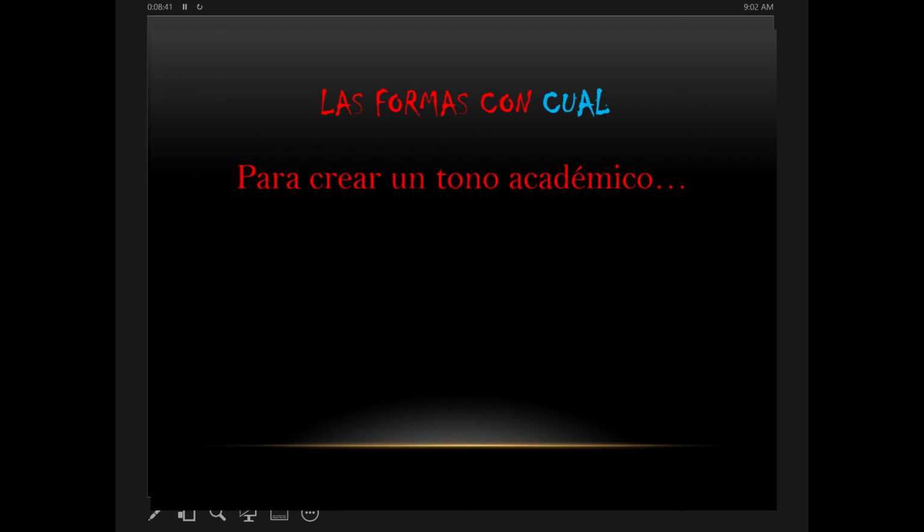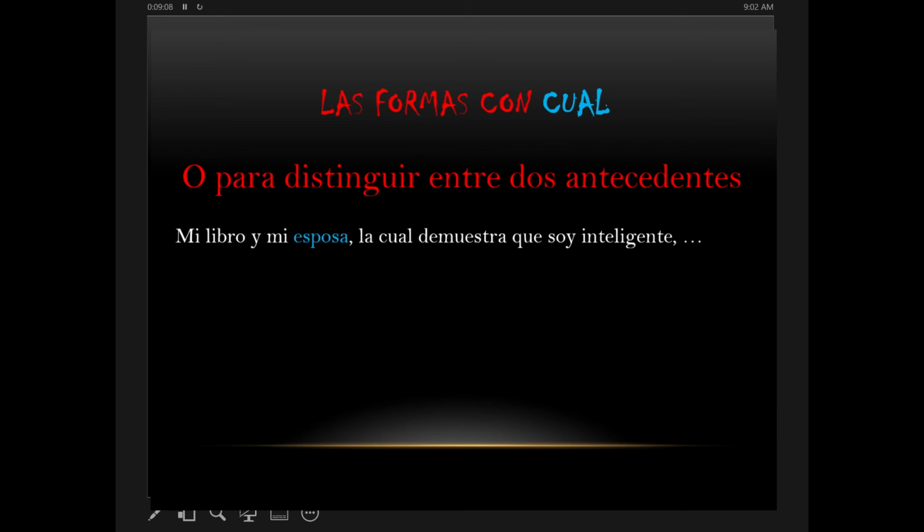That's what we use. For example, my book, which demonstrates that I am intelligent: the el cual refers to book, and you could say que here, but using el cual shows a more elevated tone. And also, if you have two antecedents, especially of a different gender or number, the cual forms can come in handy.